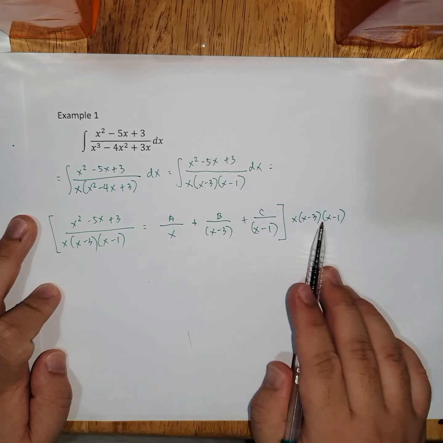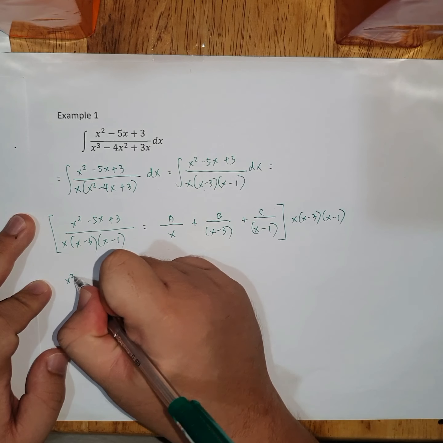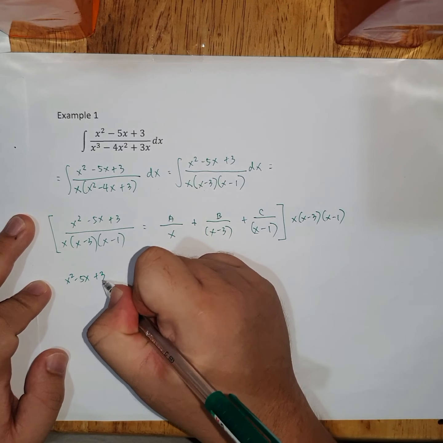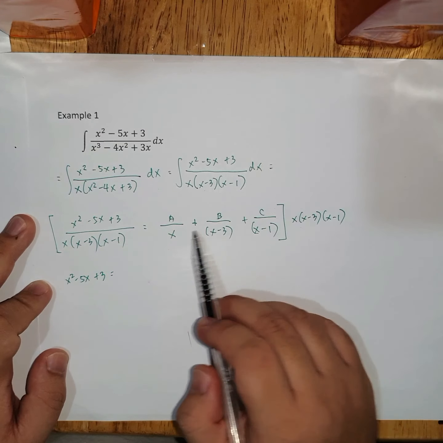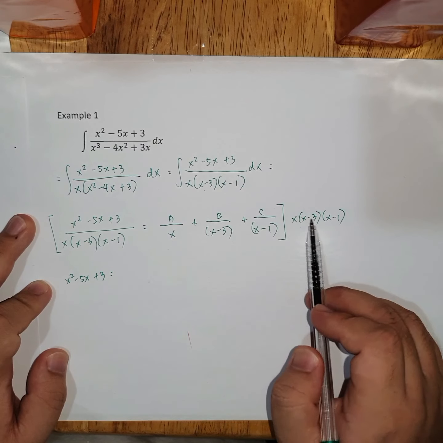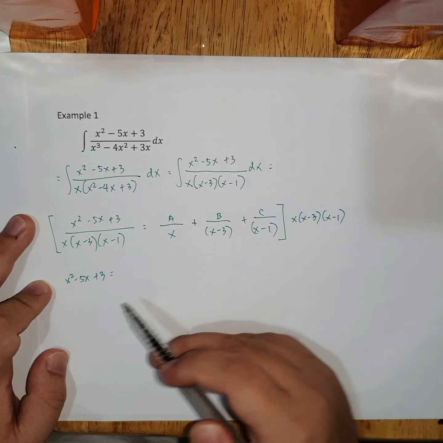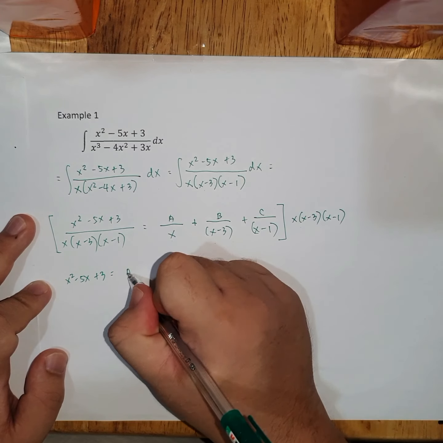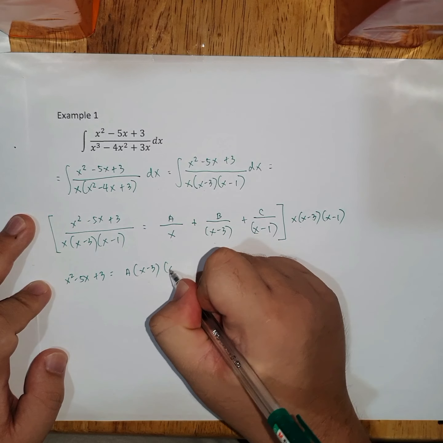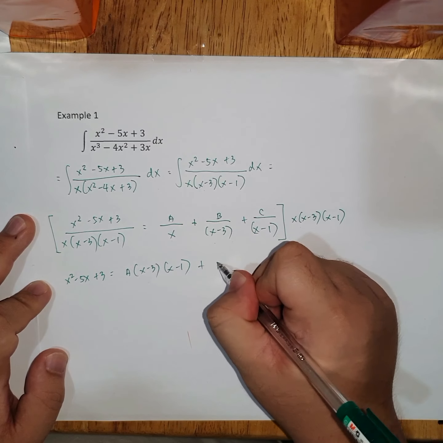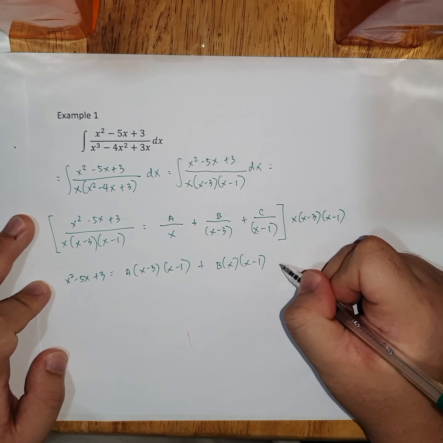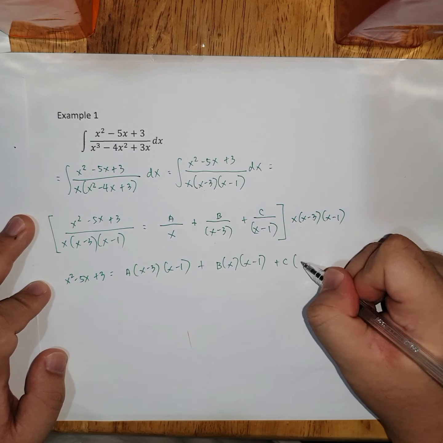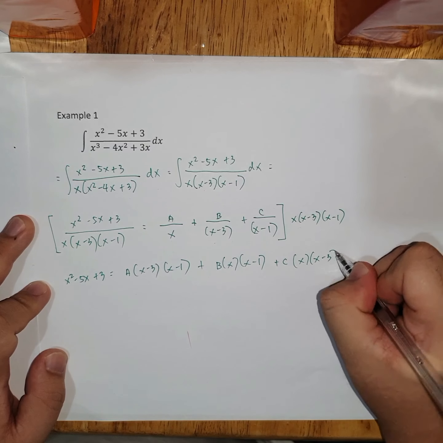So, pag minultiply natin ito, matitira ito, x squared minus 5x plus 3 is equals to, multiply lang natin sa each term. So, magka-cancel out itong x dito. Dito, x minus 3 mag-cancel out. X minus 1 dito magka-cancel out. So, we have a times x minus 3 times x minus 1 plus b times x minus 1. Then, we have c times x minus 3.